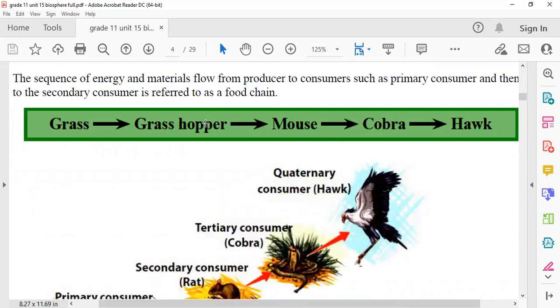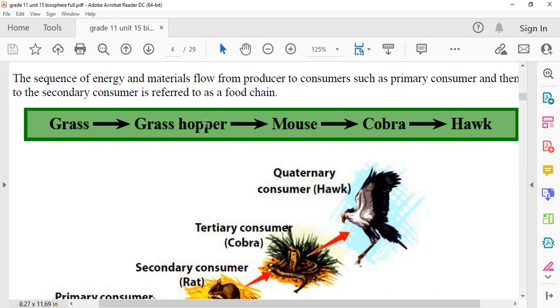Does the mouse have any limit, that I will eat only grasshopper? Never. Mouse has several choices of food. One of the food choices is grasshopper. If grasshopper is not available, mouse will eat something else. If mouse were eating only grasshopper, in the absence of grasshopper, mouse would also have to die.